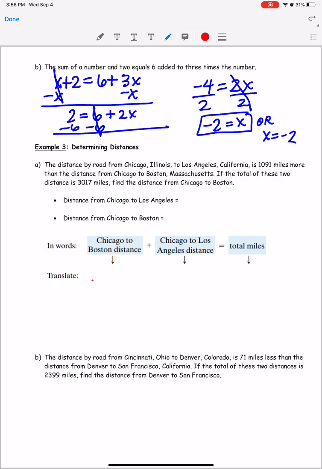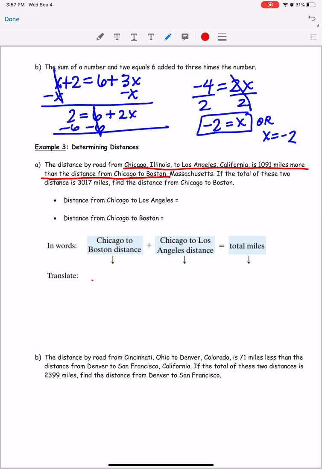So, in this sentence here, where it says, Chicago to LA is 1,091 miles more than the distance from Chicago to Boston. Which one of those do I have no information about?